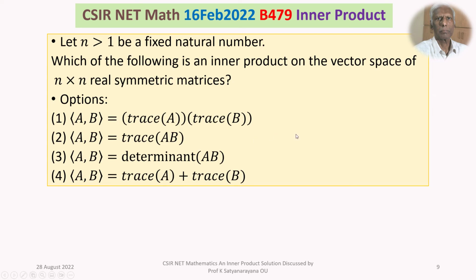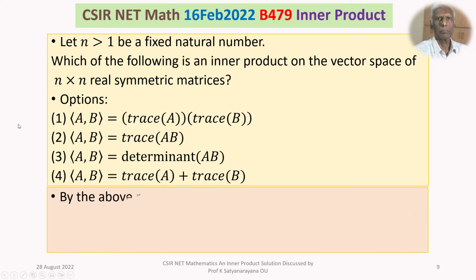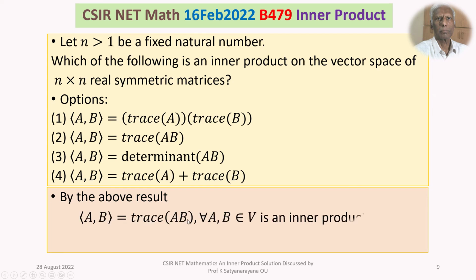But now that I know by the above result that bracket of A comma B equal to trace of AB for all A comma B belonging to V is an inner product on V, therefore option 2 is the correct answer for this question.